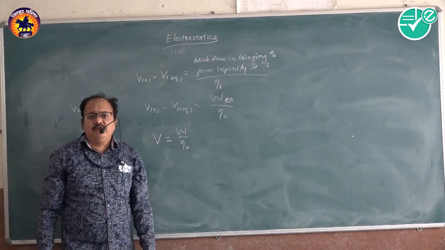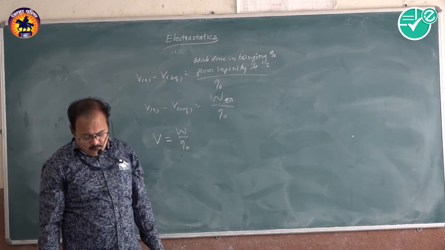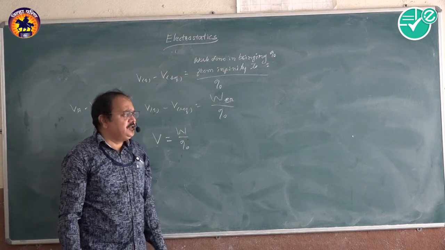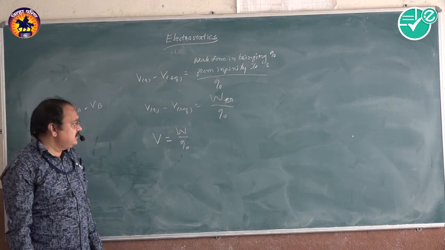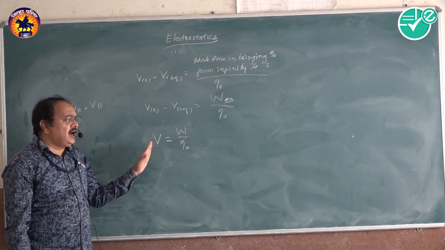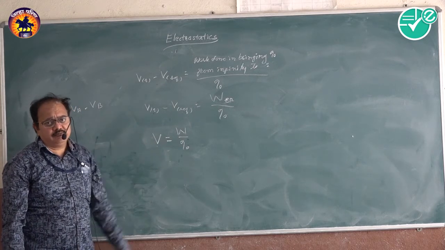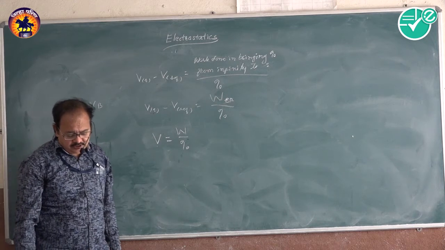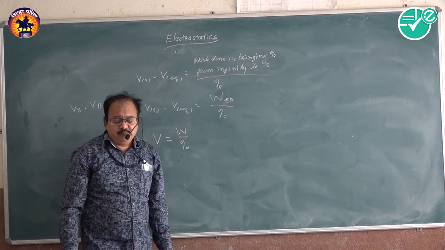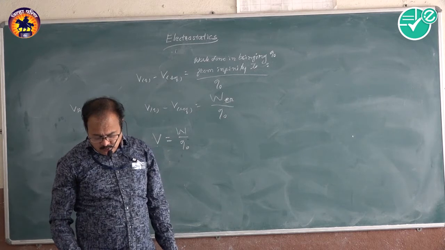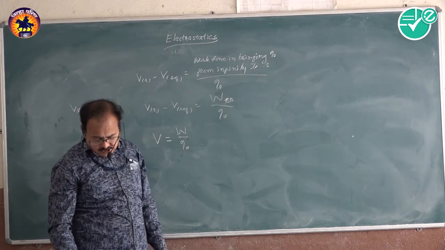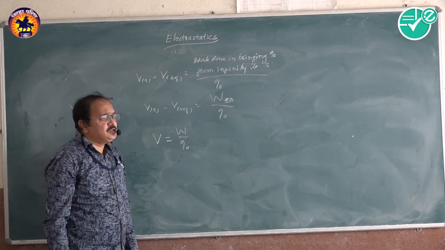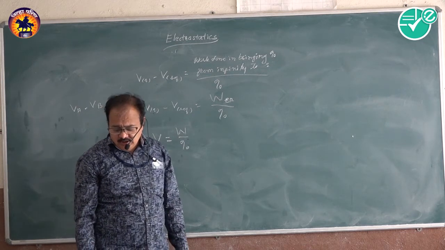The SI unit of electric potential is joule per coulomb, which is named the volt. The dimensions are L squared, M, T raised to minus 3, and A raised to minus 1. These are the dimensions of electric potential.